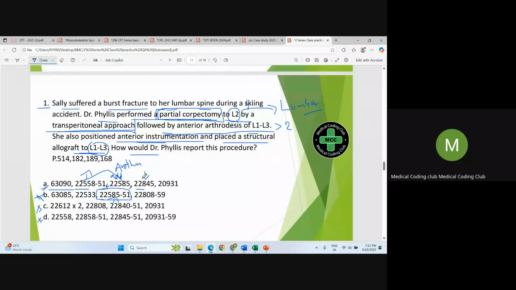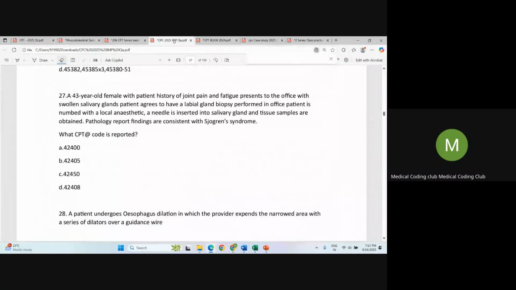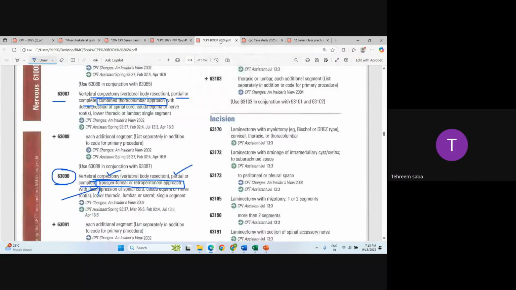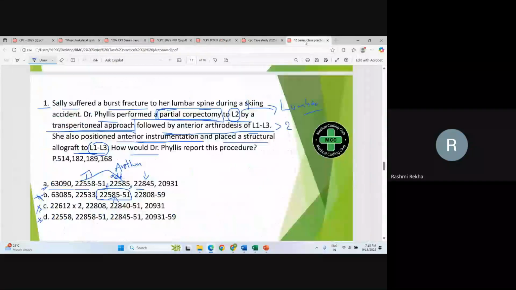So for segmental instrumentation, what is your code and how many segments do we have here? Two segments? No, L1 to L3, how many? One minute. Three segments and two interspaces. So 3 segments are there.